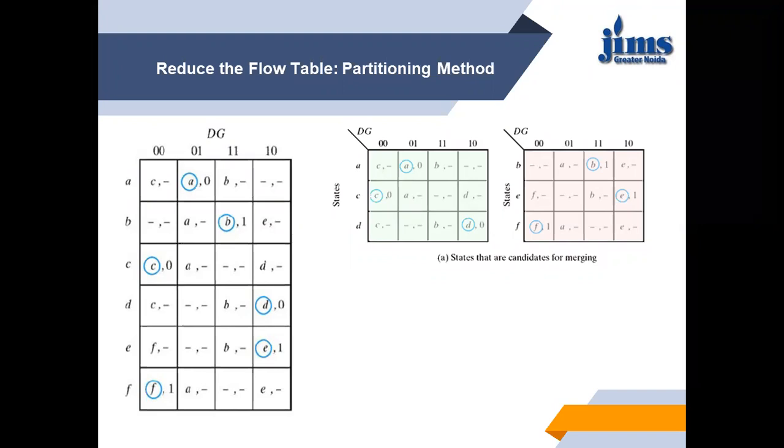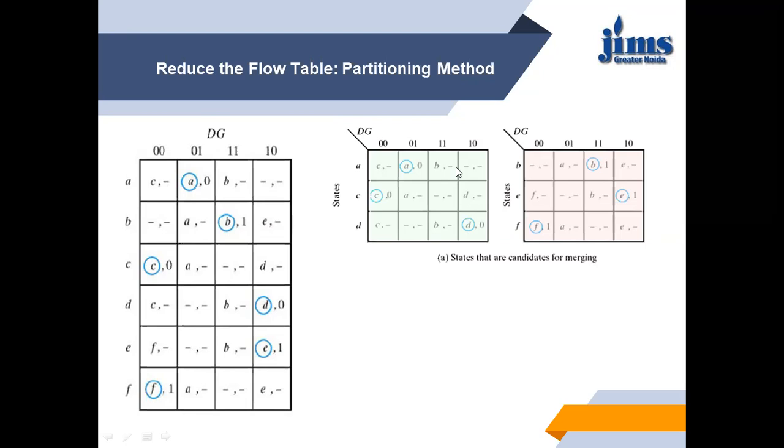Two rows are equivalent if the output is the same and there is no conflict in merging the states. Two stable states cannot be merged, like C and F, because both are stable states. A stable state can be merged with an unstable state, like A and C, because when we overlap them, the next state will be C comma 0.